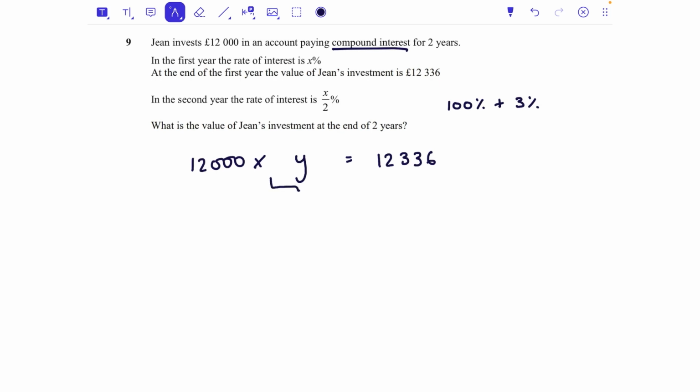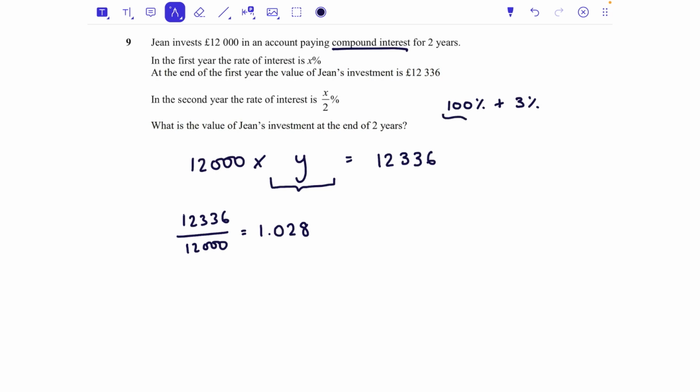Now, to get that interest rate, we need to do 12,336 divided by 12,000. Typing that in my calculator, 12,336 divided by 12,000 is 1.028. Now, that does not mean that that's the interest rate.